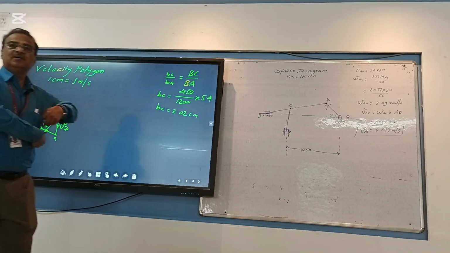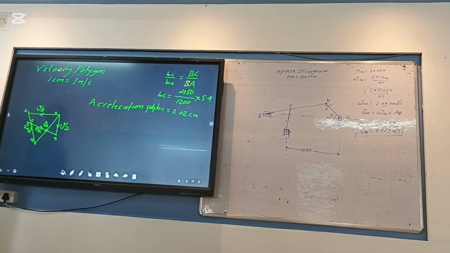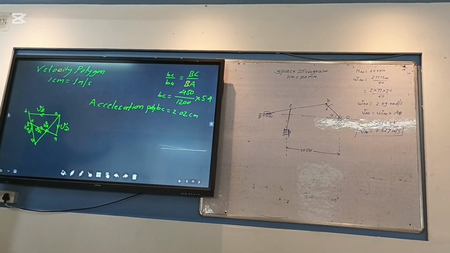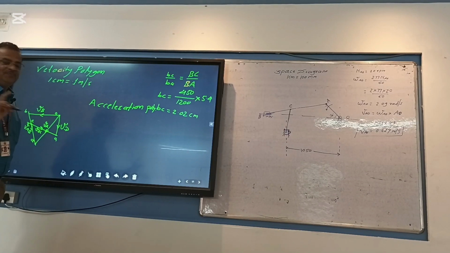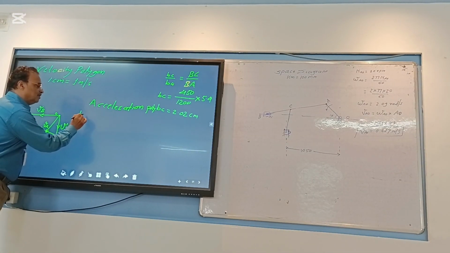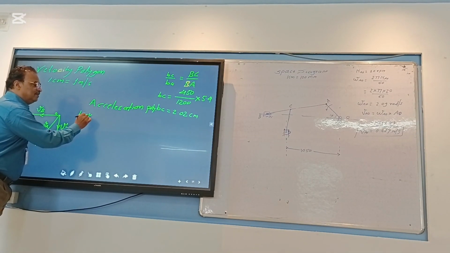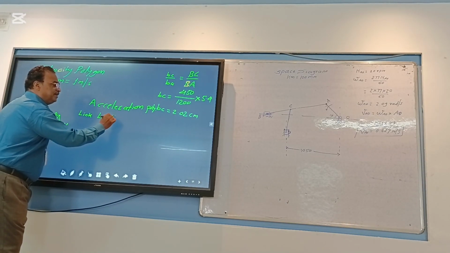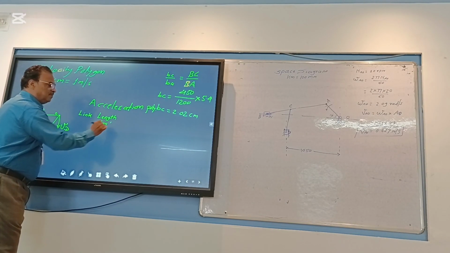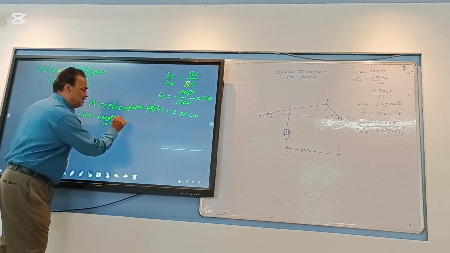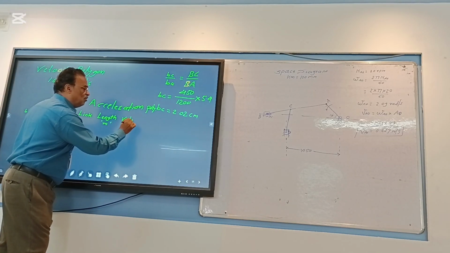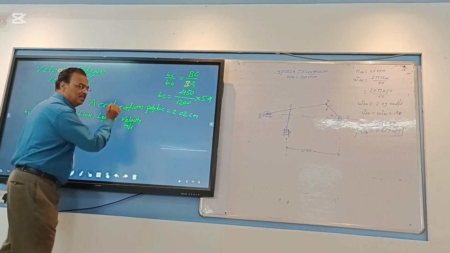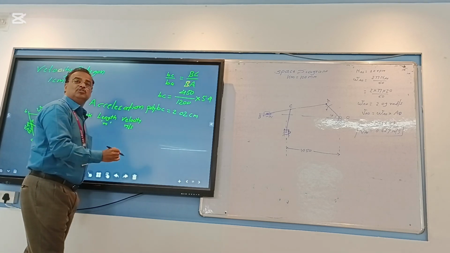Do you have doubt? To start with the acceleration polygon, what I said, you have to make one table. That table includes the length of each link in meters, then velocity of all linkages in meters per second. There are two components of acceleration.